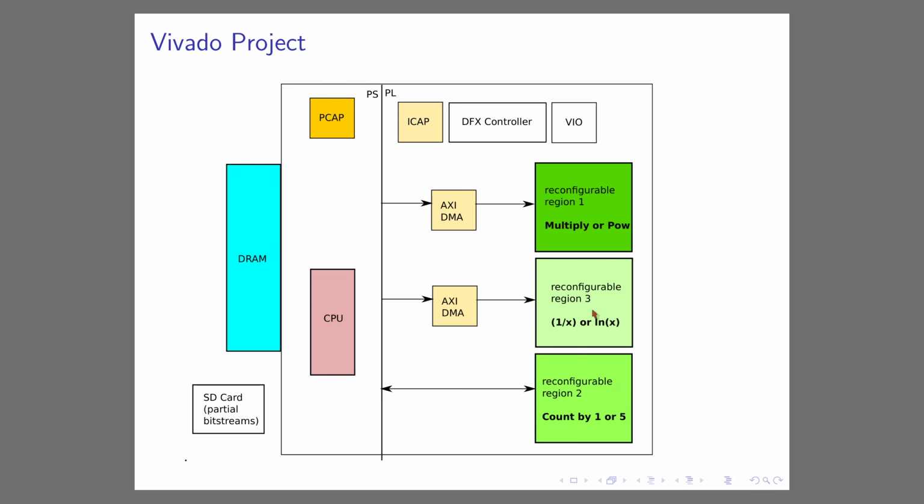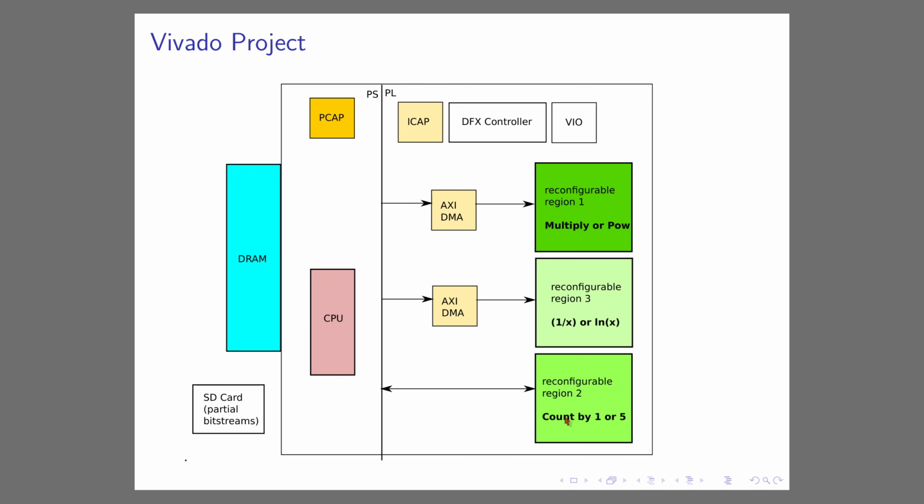The next reconfigurable region can either be reconfigured to calculate the reciprocal of the numbers in the stream that it receives, or to calculate the natural logarithm. And then for the final reconfigurable region, either it can be reconfigured to have a simple block with an AXI Lite interface, which whenever you read it, it counts by 1, or it can be reconfigured to have a block which counts by 5 whenever you read it.